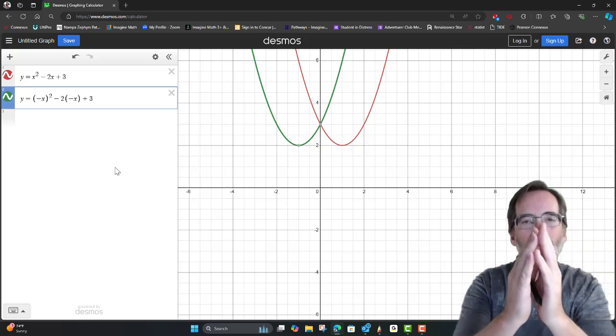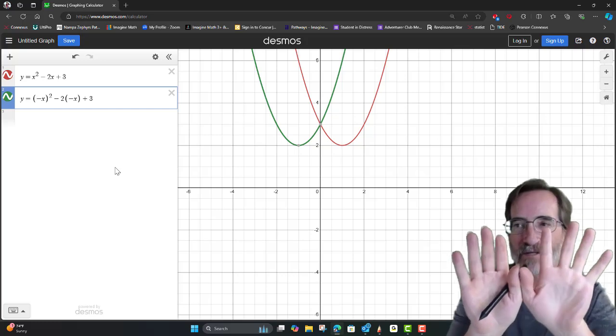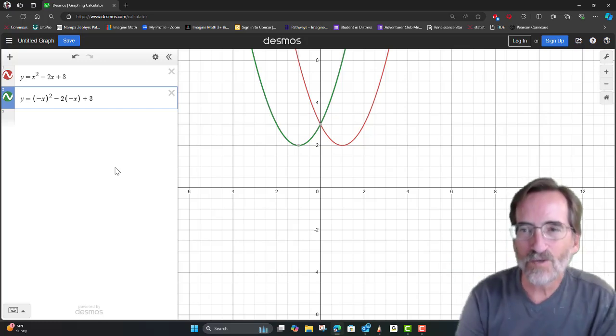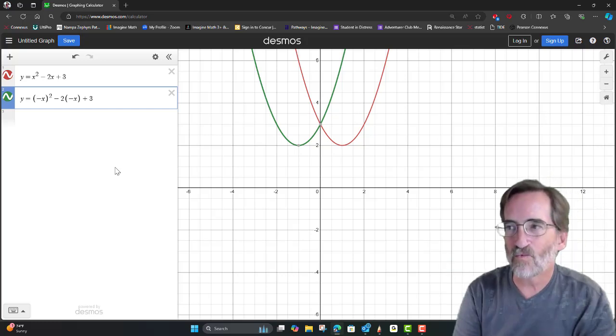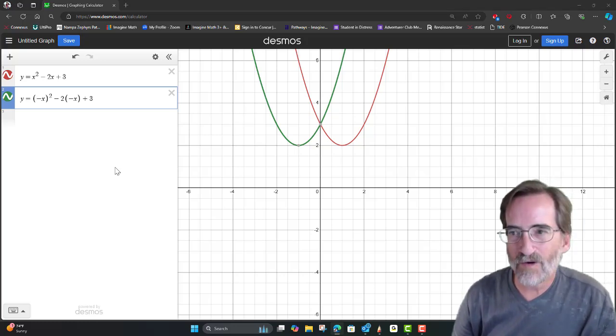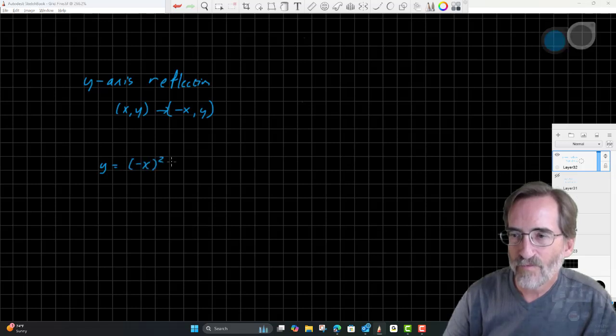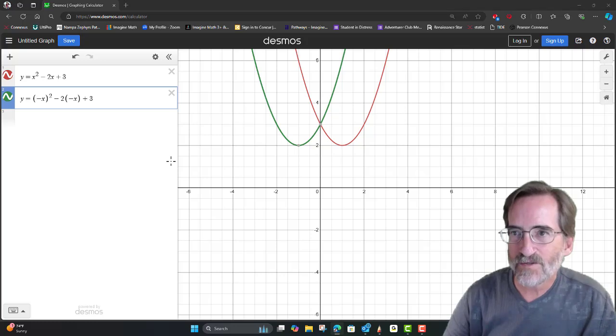Or the book had you hold your hand open and reflect it that way. Okay? So it's a reflection or a flip across the y-axis. Now, negative x squared. Let's think about this for a second. Let's take the function y = negative x squared, minus 2 times negative x plus 3.